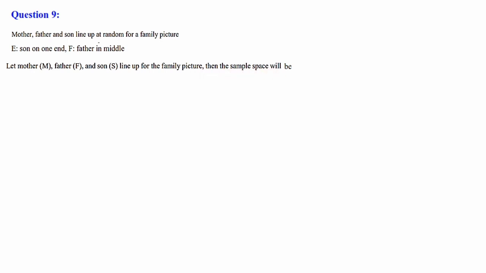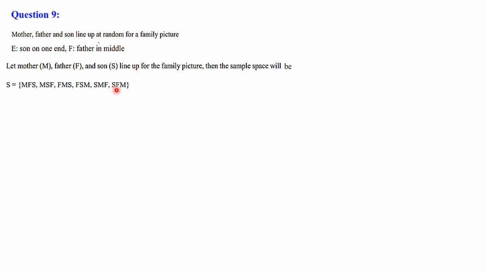Then the sample space will be MFS: mother first, father in the middle, son at last. Again MSF: mother first, son in the middle, father at last. Then FMS: father first, mother in the middle, son at last. Again FSM: father first, son middle, mother last. Again SMF: son first, mother middle, father last.